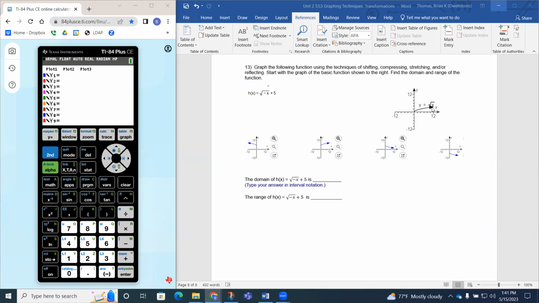That's our parent function. Notice the plus 5 should make it move up 5, and then since the negative is on the inside, that's a left and right concept, so that means it should reflect it across the y-axis. So that's a reflection over the y-axis, since it's on the inside.